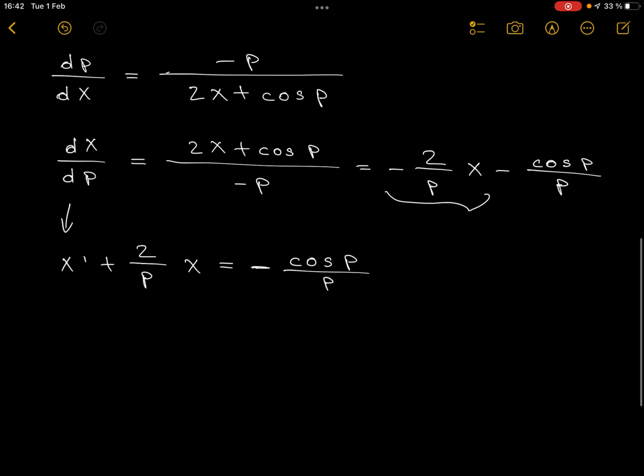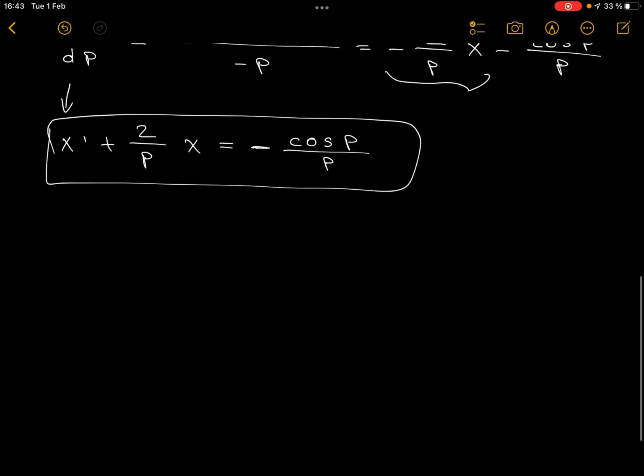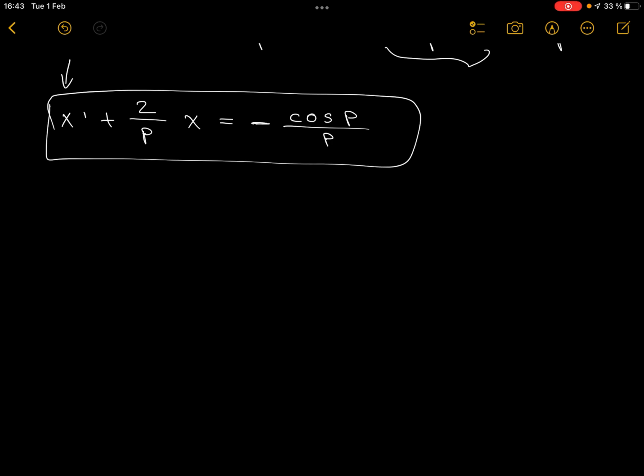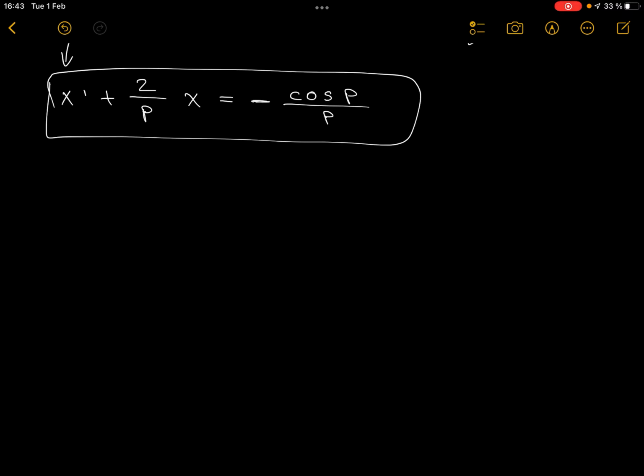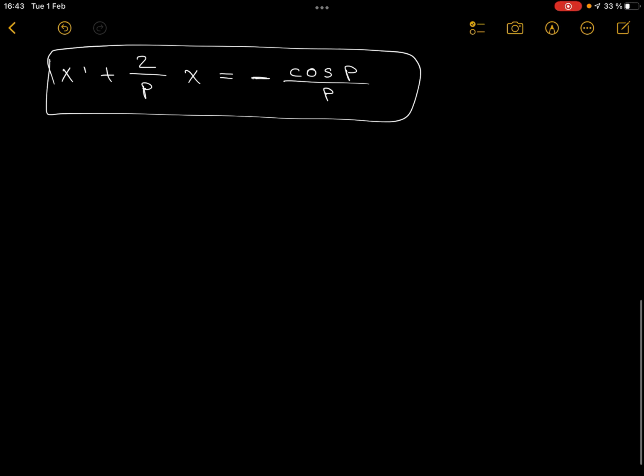Okay, now this should probably be familiar to you by now. What do we have here? So here we have a non-homogeneous linear equation in terms of the unknown function x. So the unknown function x is actually a function of p.